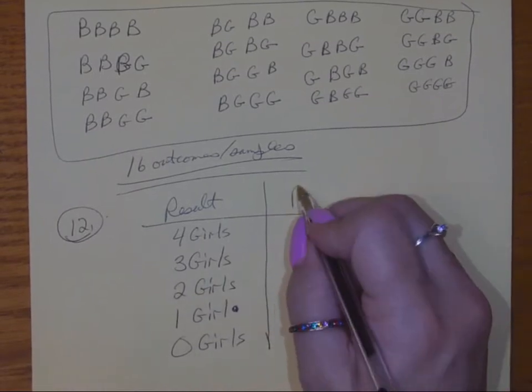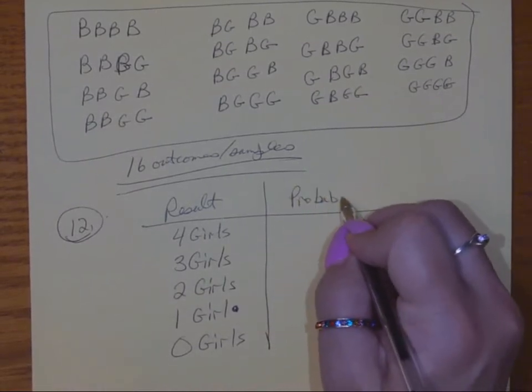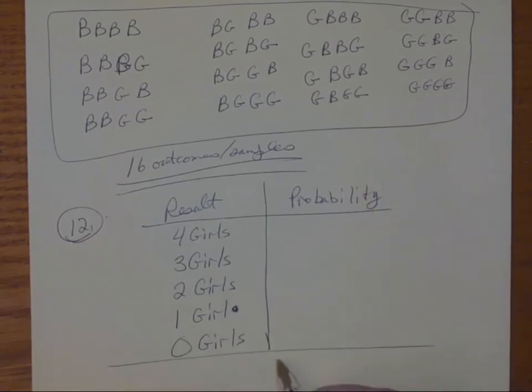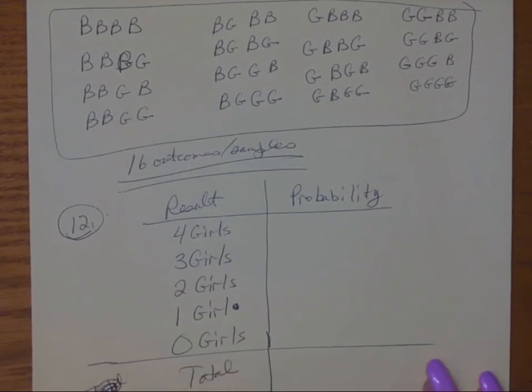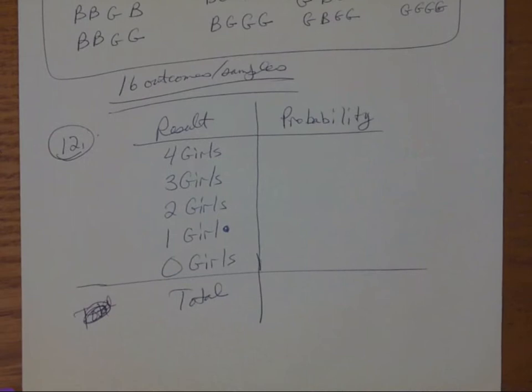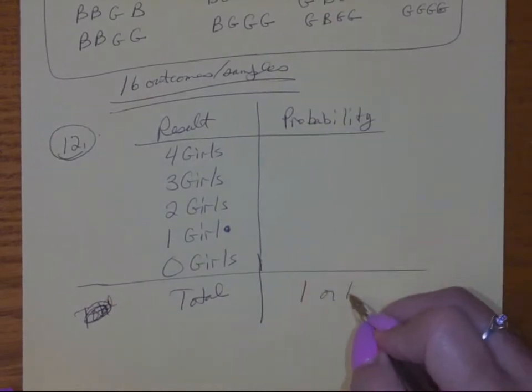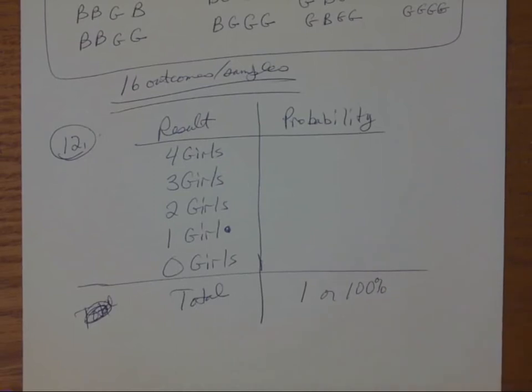And then the probability will be over here. So that's what they mean by a probability distribution. And remember that a lot of times we'll have a total line, over here. We want all of these probabilities to add up to 1 or 100%.